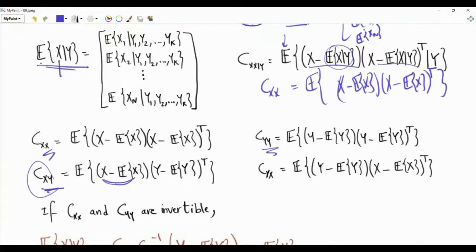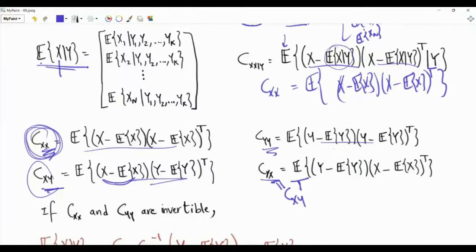The covariance matrix Cxx is sometimes called the auto covariance, because its elements measure the covariance between one component in vector x and another component in the same vector. Here we are computing the covariances between the random variables in x and the random variables in y. And Cyx is basically Cxy transpose. We will assume that Cxx and Cyy, those two covariance matrices, are invertible.